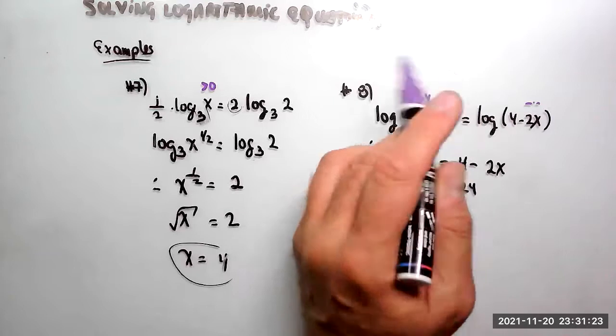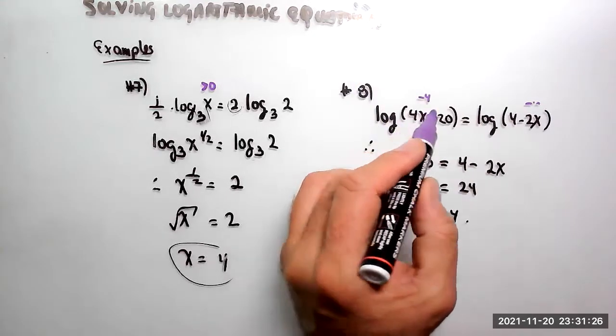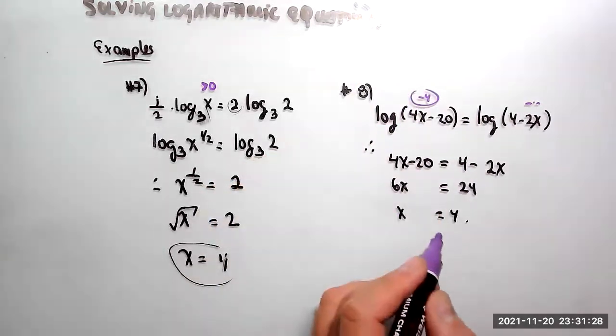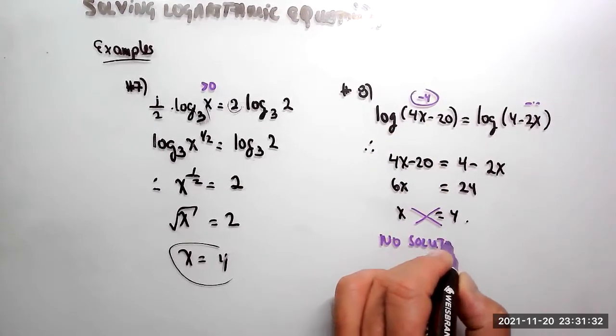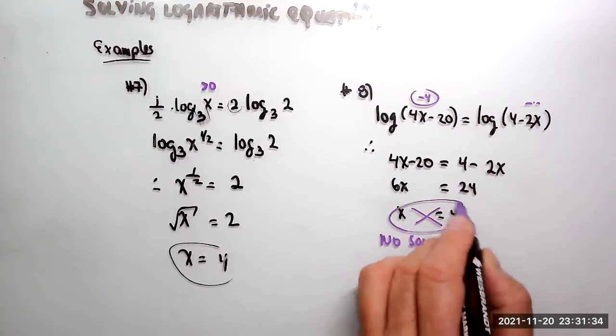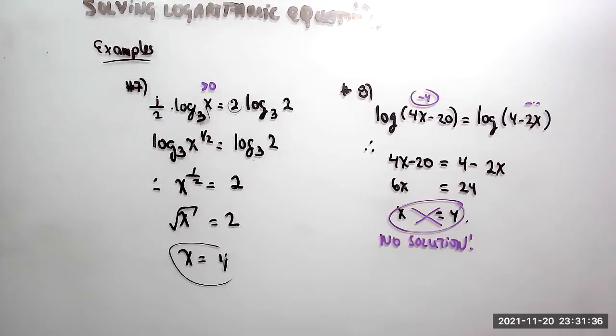So this is a big no-no. Why? Because the log cannot take negative numbers. So this one will have no solution. The number that we believed was a solution does not work because the domain of the log must be all positive numbers.